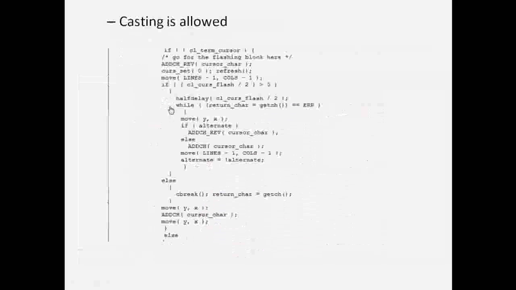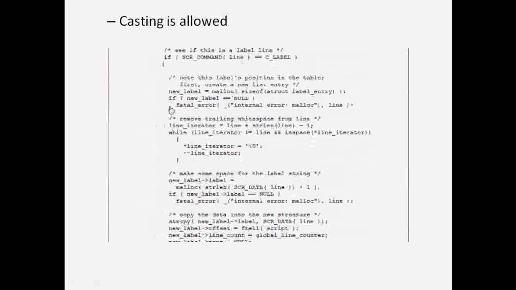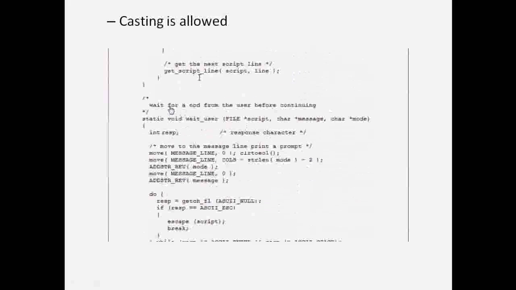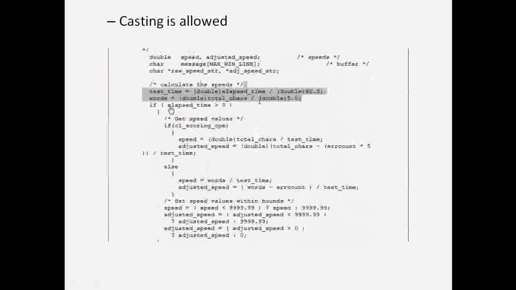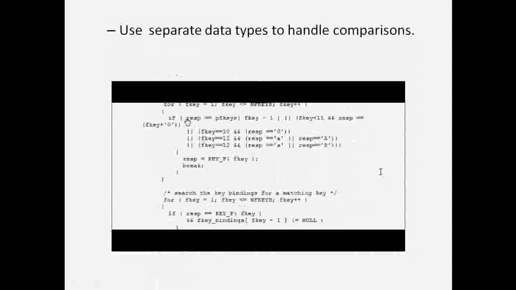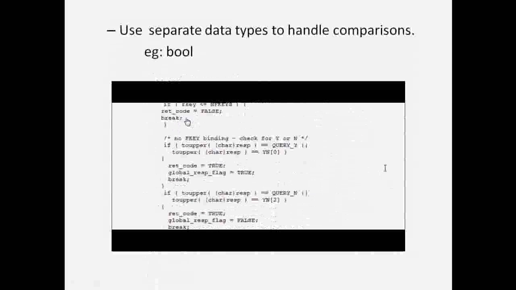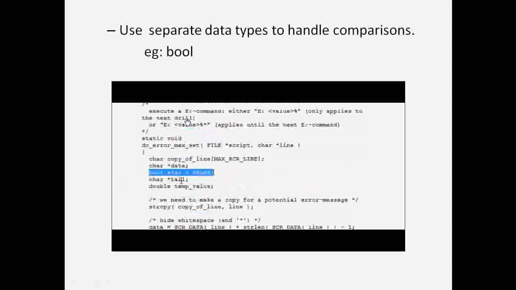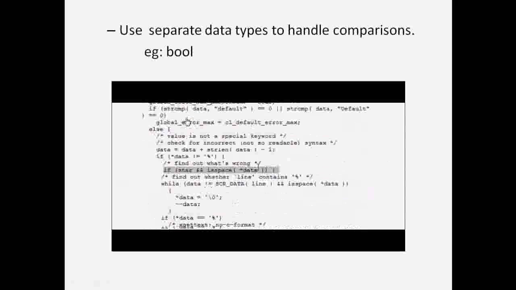C has allowed casting as well. A special data type bool has been used for comparisons, which returns true or false as the values. Since G-Typist developers use a language like C and it allows many data types, developers could increase the readability.